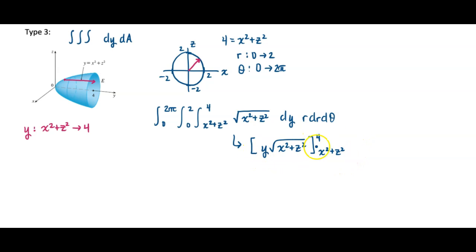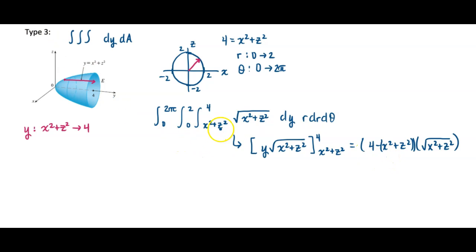Plugging in x squared plus z squared and 4, we get that this is going to be the quantity 4 minus x squared plus z squared times root x squared plus z squared. All right, plugging these in.